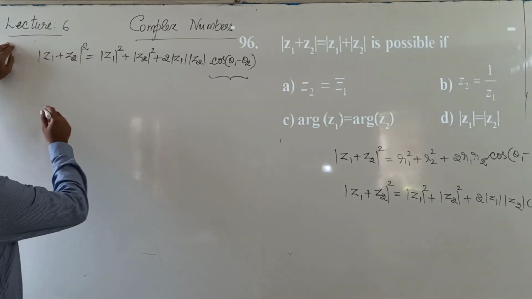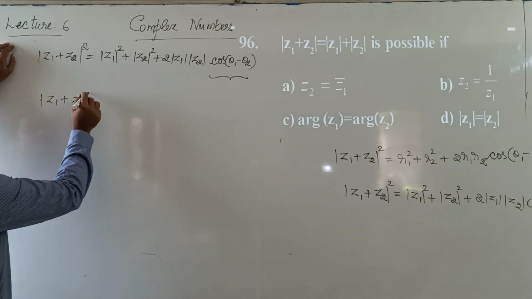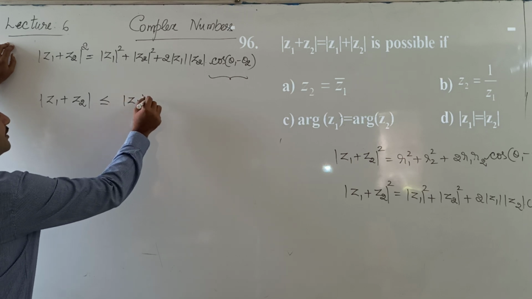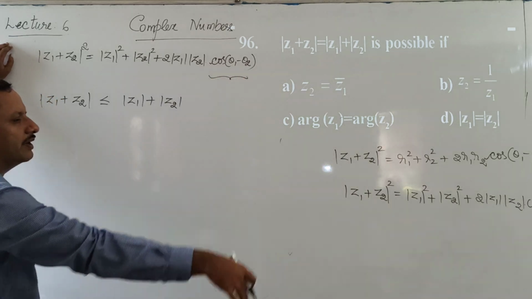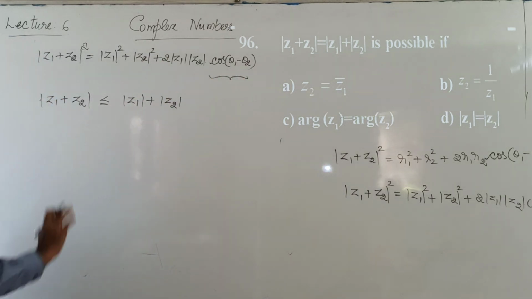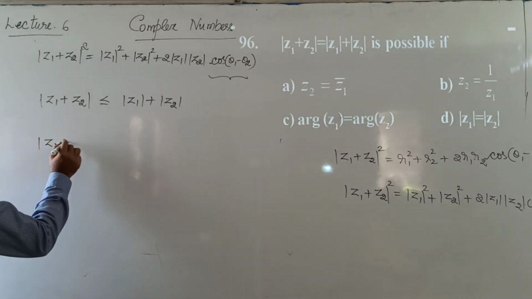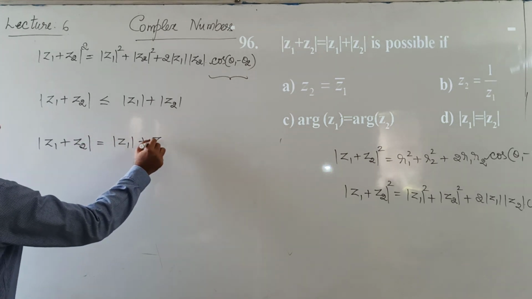If I take the square root, in general mod z1 plus z2 is always less than or equal to mod z1 plus mod z2, and when cos is equal to 1, these two will be equal. Now coming to this problem, they have given that mod z1 plus z2 is equal to mod z1 plus mod z2.